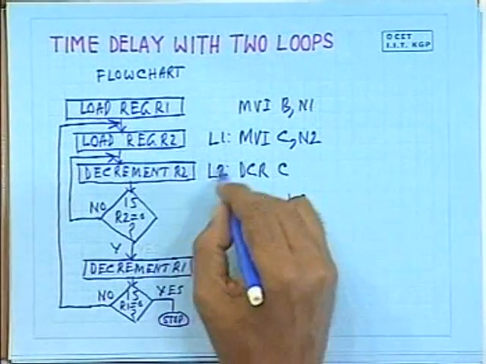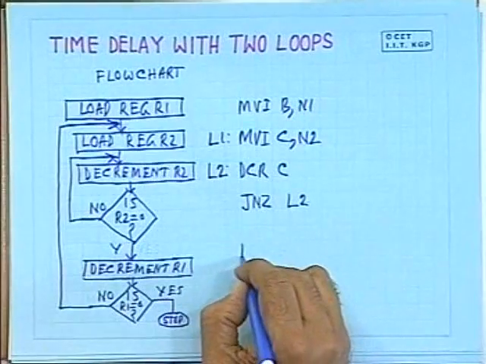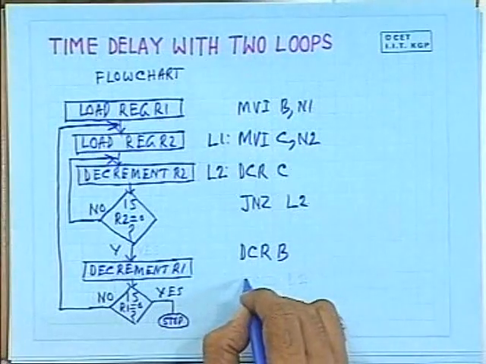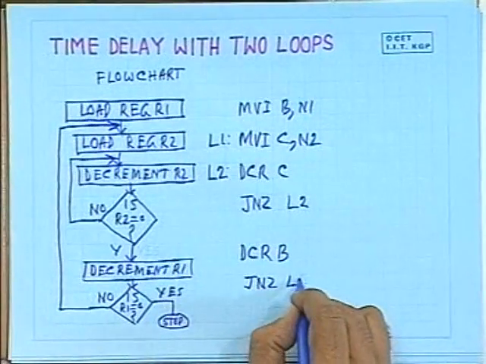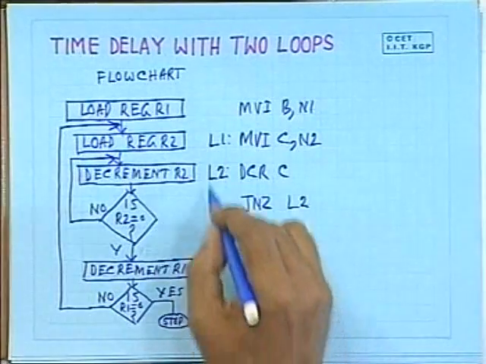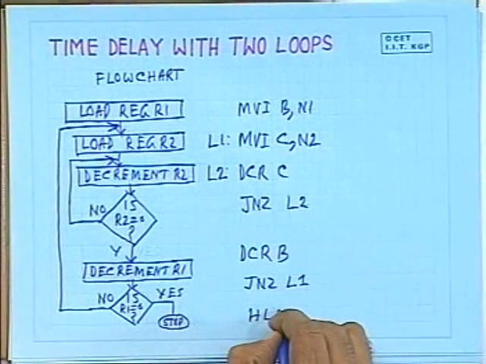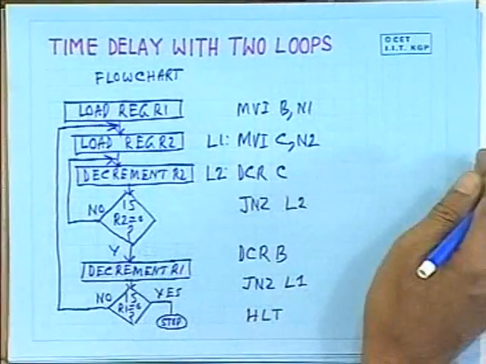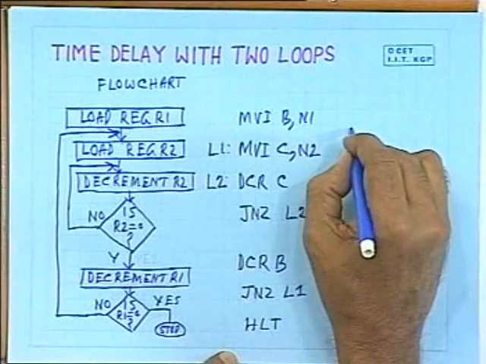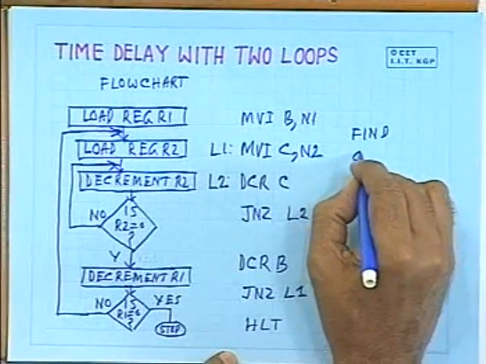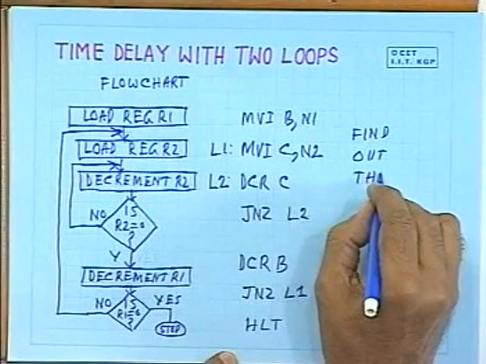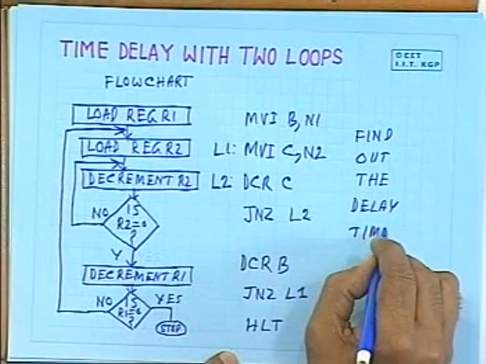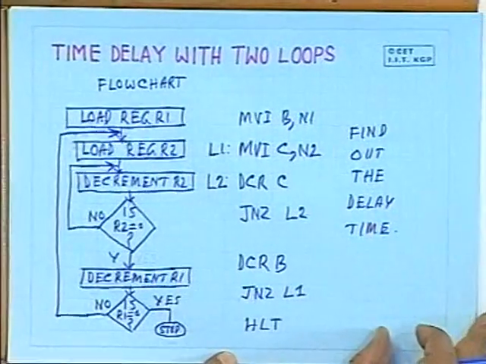So, this is your inner loop, then you will do decrement B and jump to L1, and it keeps on looping, and as it comes out you will stop execution by a HLT. I give it as an exercise to you: find out the delay time in this case.